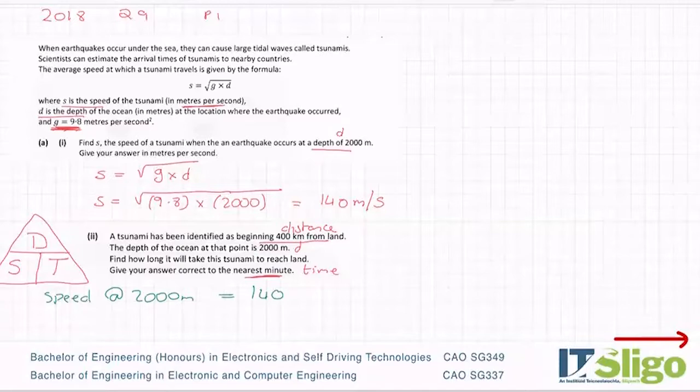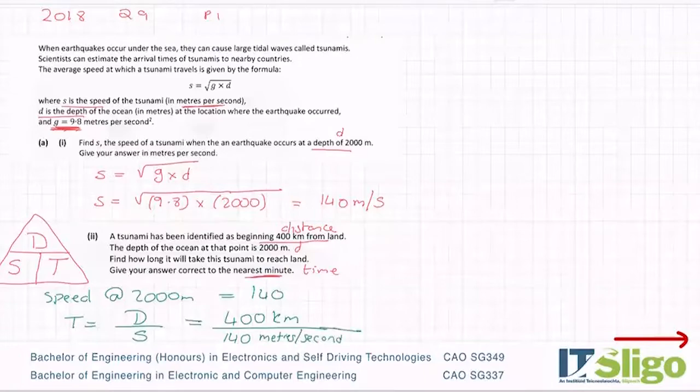And I need for how long will it take this tsunami to reach land? So I need to work out a time. So it's distance over speed. So my distance is 400 kilometers. My speed is 140 meters per second.